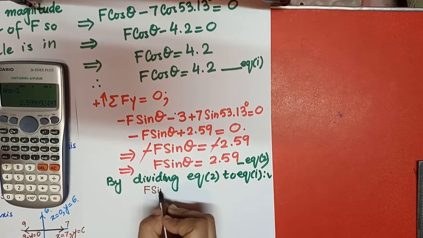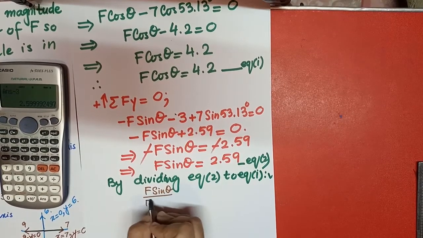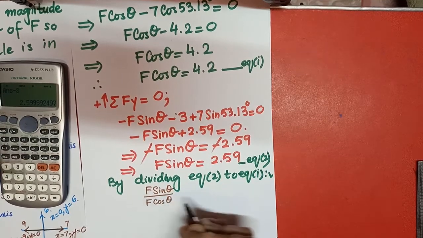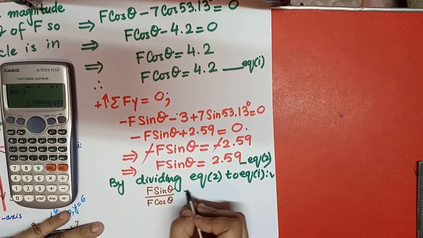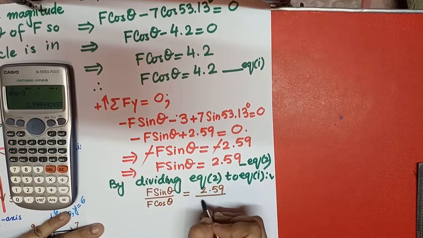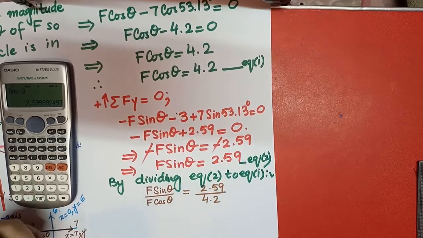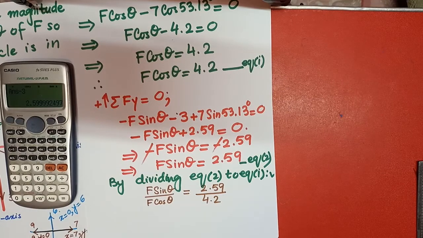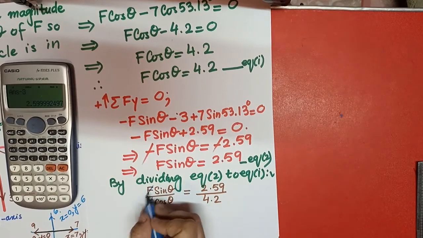So f sine theta divided by f cos theta, because sine upon cos becomes tan theta, equals 2.59 divided by 4.2. F is cancelled with F, so I can cut it.